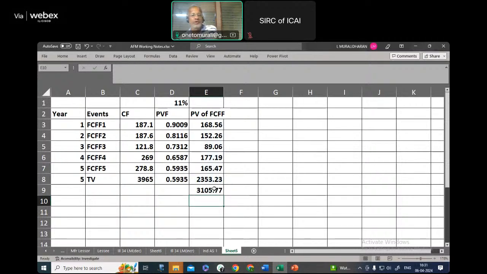So we are expected to arrive at the sum of all this coming out to 3105.77. This is the total enterprise value.